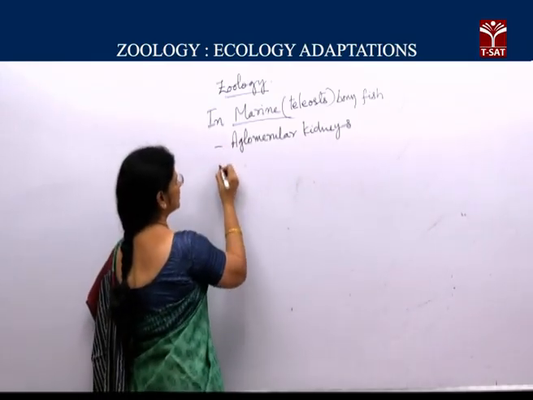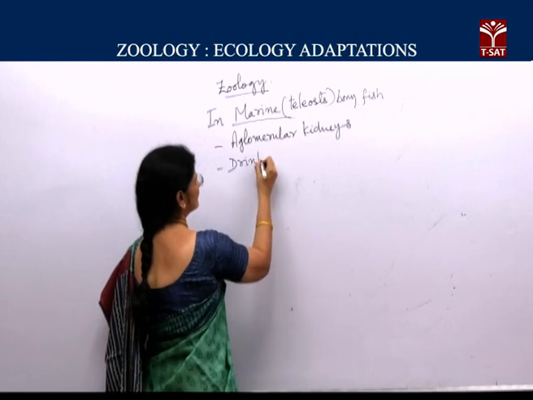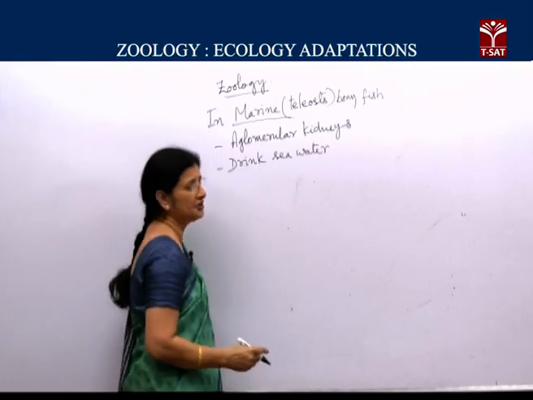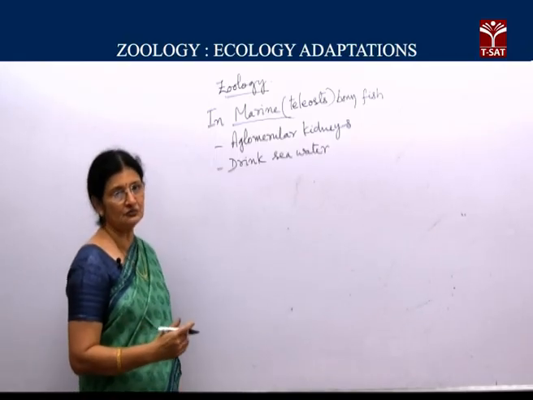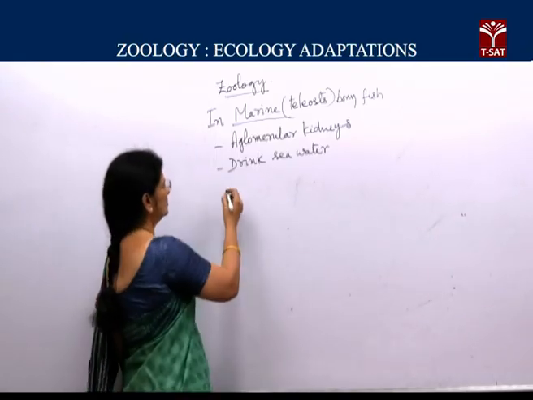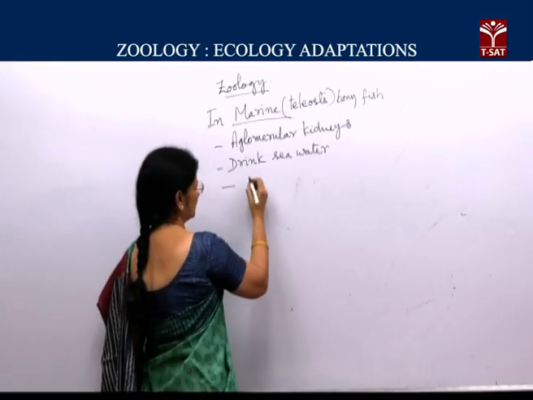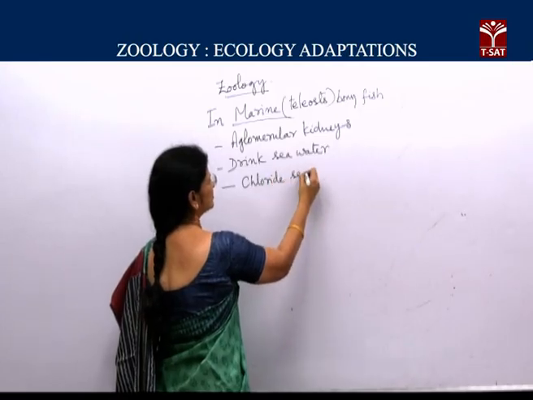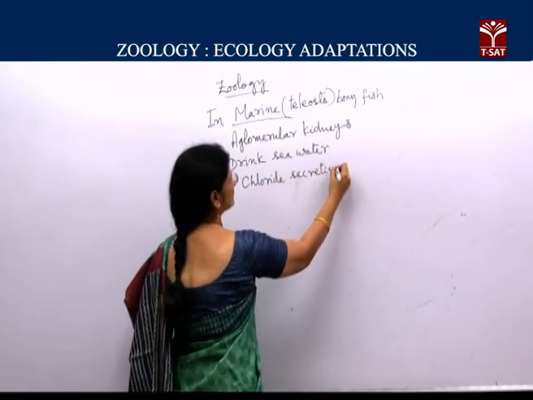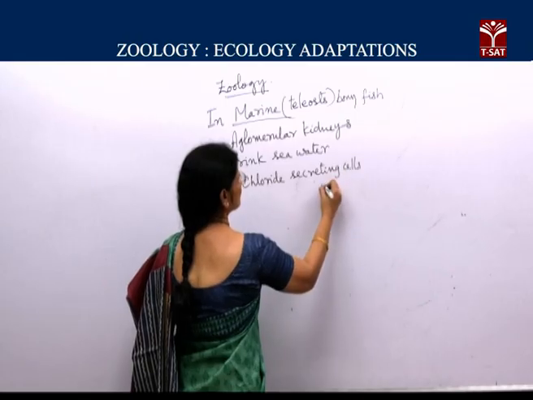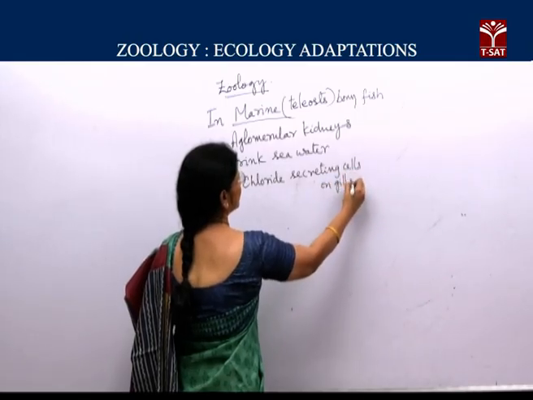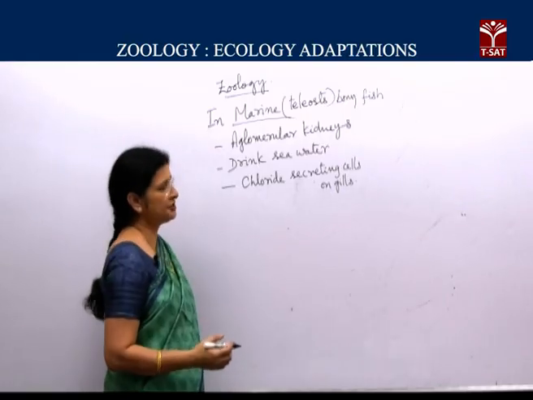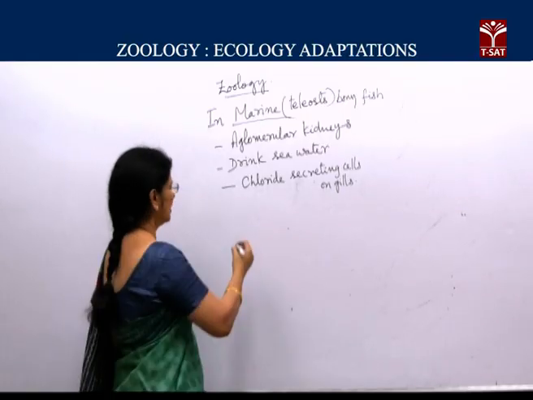And they drink seawater. But when they are drinking seawater, they are getting more salts. So, to remove salts, they have chloride secreting cells on the gills. They excrete salts. This is how they manage in marine waters.